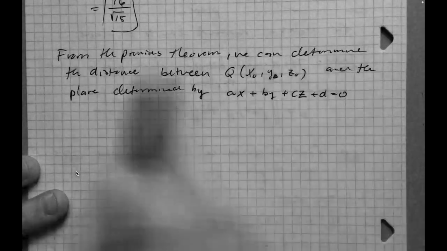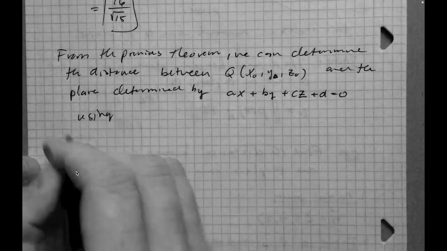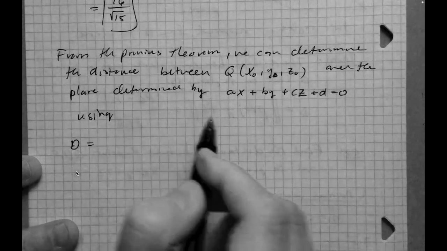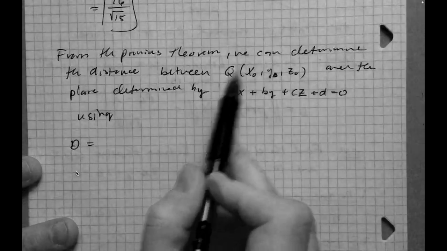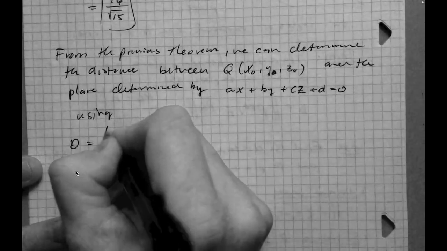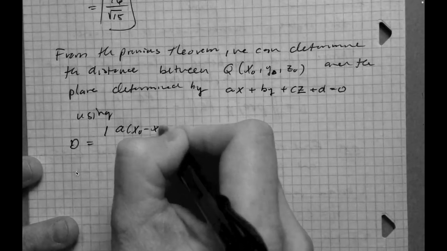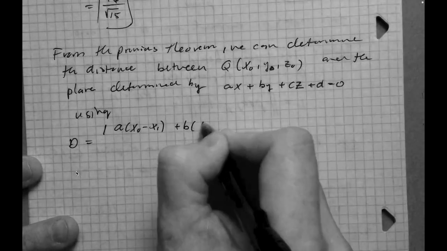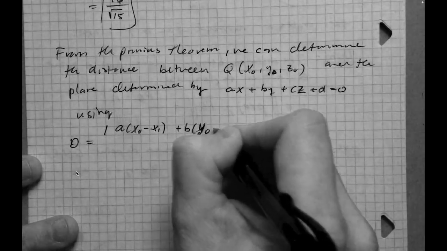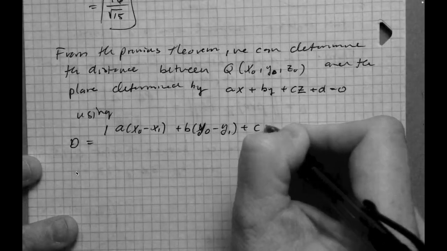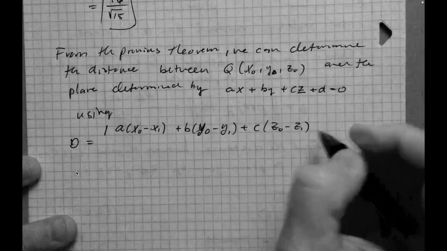So from the previous theorem, we can determine a distance between Q and the plane using d equals, now it's the dot product, but let's write it in terms of Q and then this equation. So the absolute value of a times x0 minus x1 plus b times y0 minus y1 plus c times z0 minus z1.